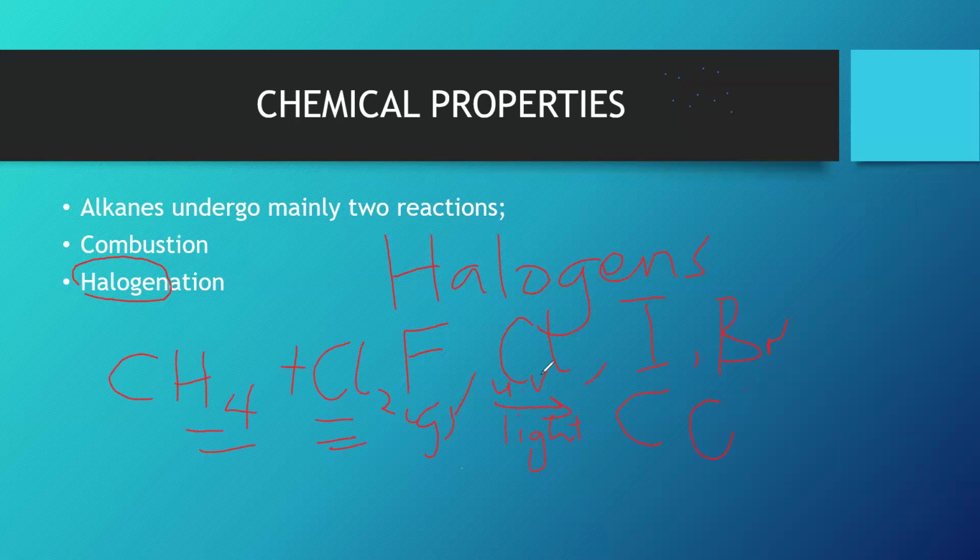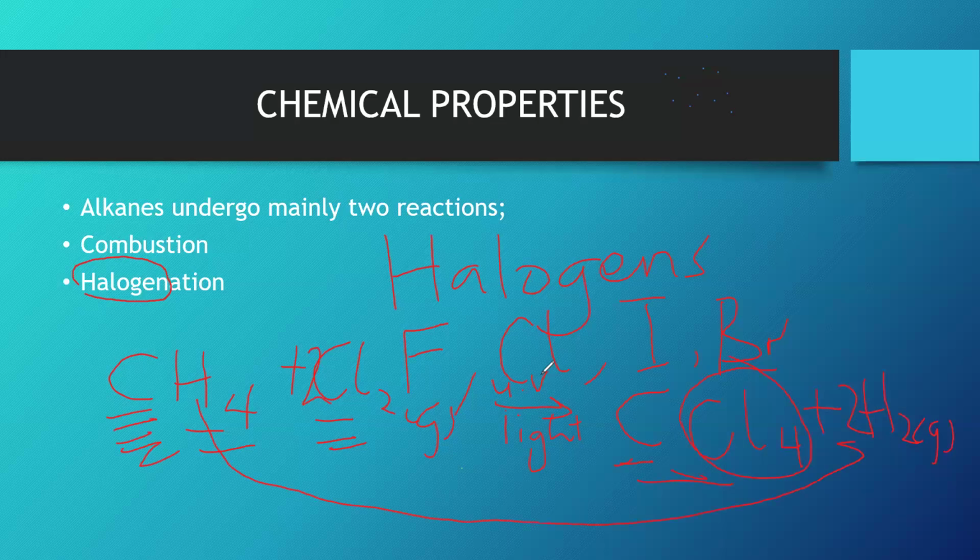So basically, you'll have something like this: the chlorine replaces the hydrogens where the hydrogen was initially. And then the hydrogen removed from the carbon will give you hydrogen gas.